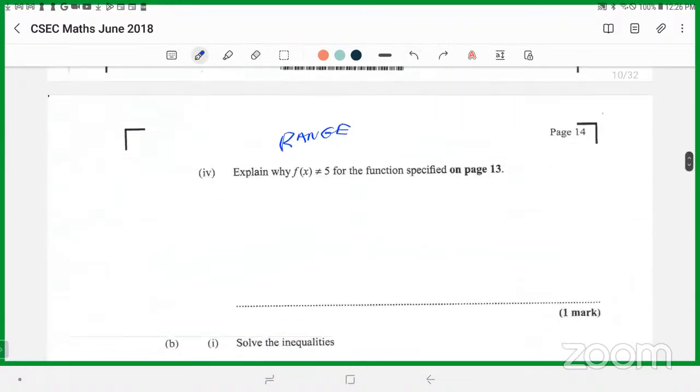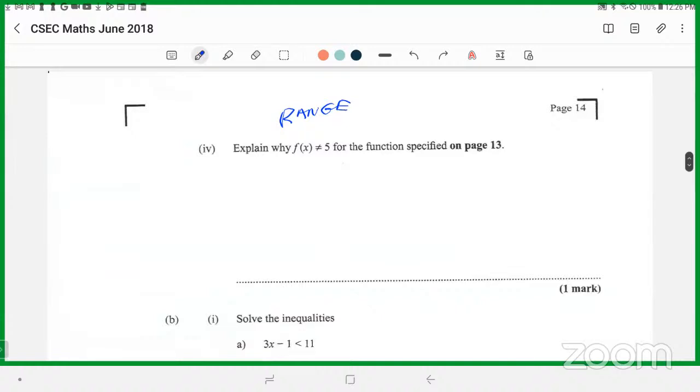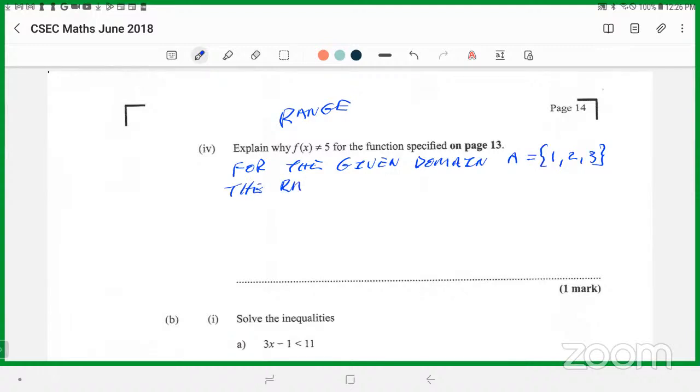Let me write it out for you. For the given domain, which is A equals 1, 2, 3, the range is, and this is the range values now.